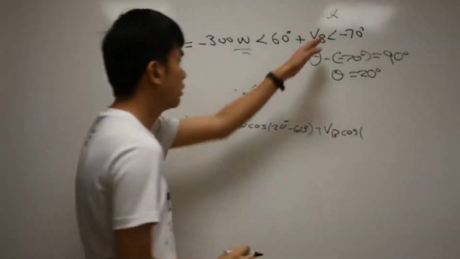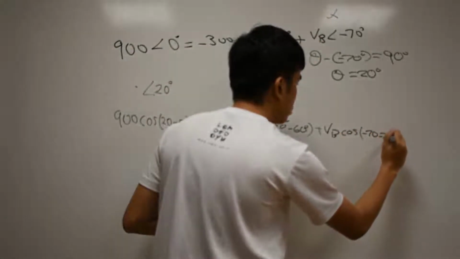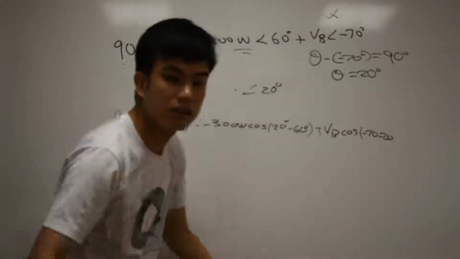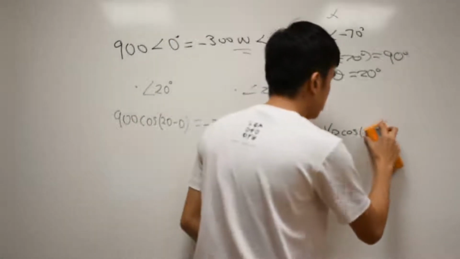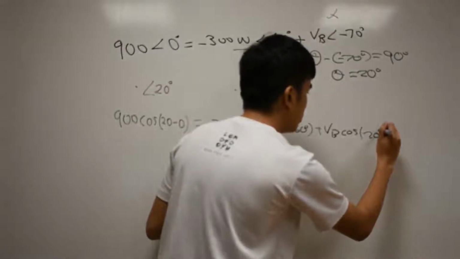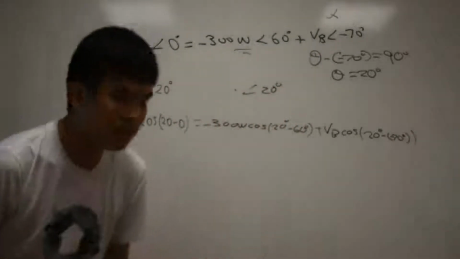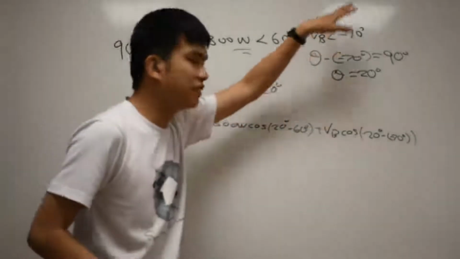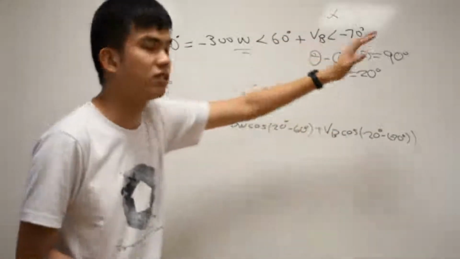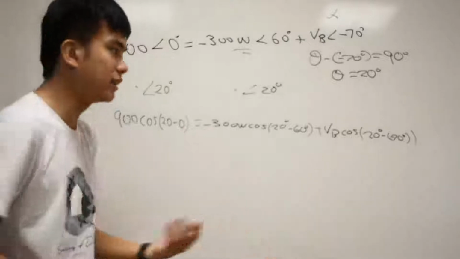cos negative 70 minus 20. Okay, let's make this easier. Okay, let's say it's 20 minus 70. So 20 degrees minus negative 70. And again, it doesn't matter if you use negative 70 minus 20 or 20 minus negative 70, because cos theta is equal to cos negative theta, as I said before.